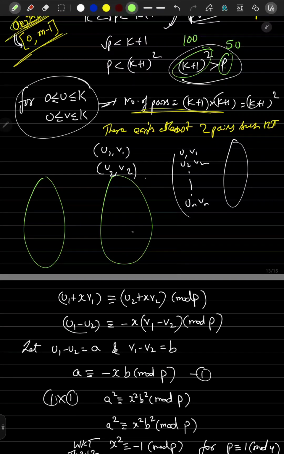I'm having here 10 and here 5. For every point there will be one line, meaning one output compulsorily. And these are the unique values. Every dot here will have a compulsory line.